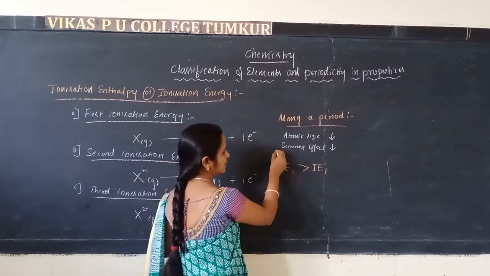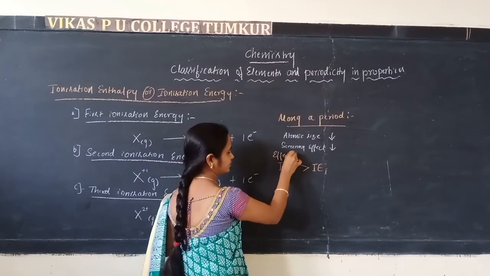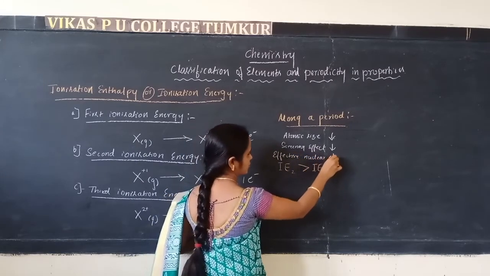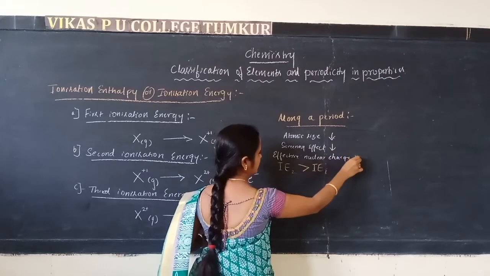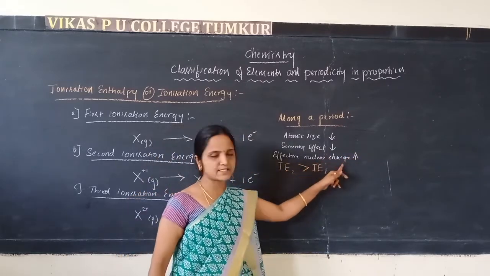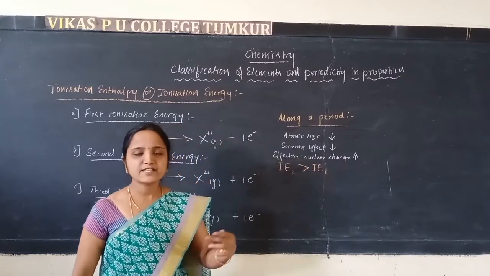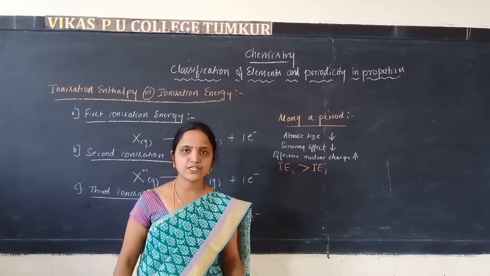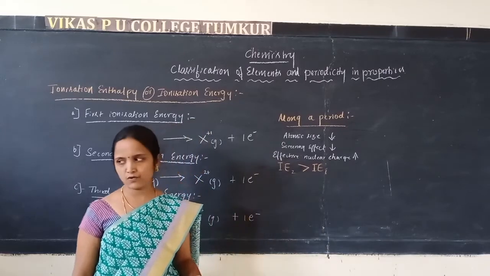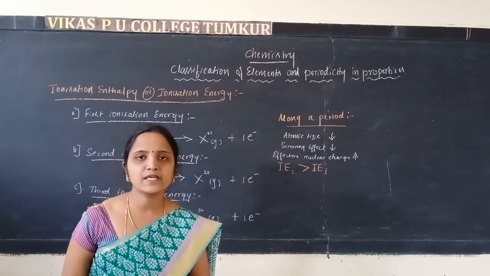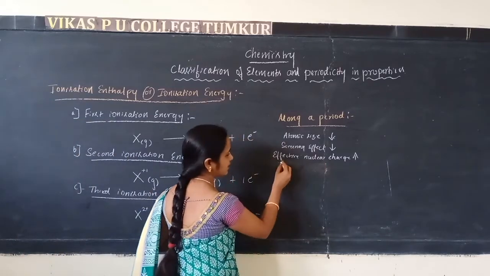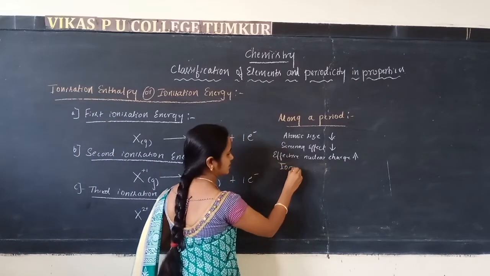At that time, the effective nuclear charge increases. When the effective nuclear charge increases, it needs more energy to remove the electron from the outermost shell. That's why the ionization energy increases.